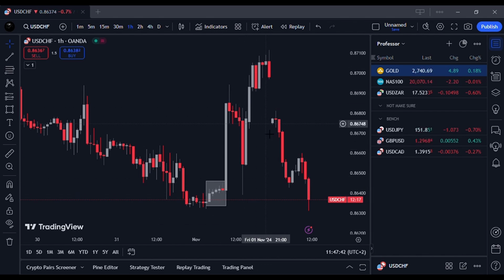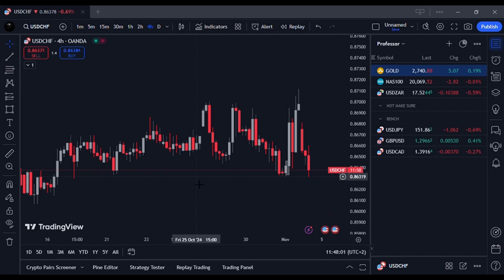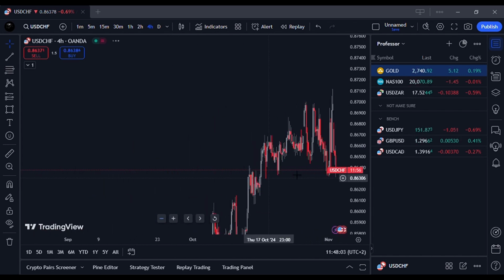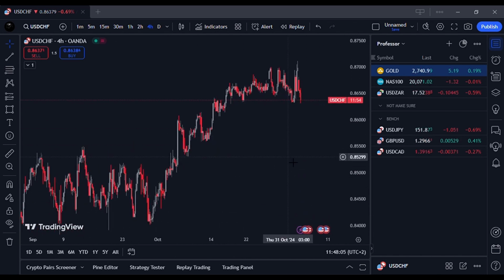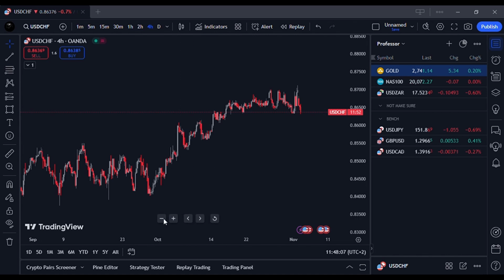But I didn't see these ones. I didn't see this at 2 o'clock Friday. I didn't watch because I left the market that day. I made losses, then I went out. I left the market and went to do something else. But beautiful, it tapped back, then continued to go up. The overall market on USD CHF is a bullish trend.